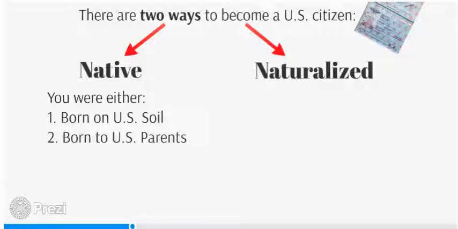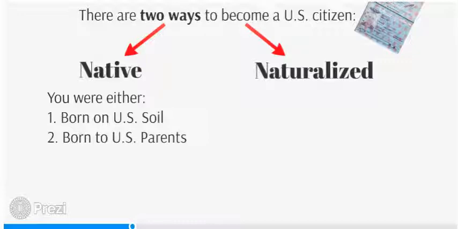So if you were born on U.S. soil, it's not just the continental United States, as well as Alaska and Hawaii. Anything that is United States soil around the world, if you are born in that area, you are a United States citizen. So let's say, for example, both of your parents are in the United States military and they live and work on a military base in Germany.